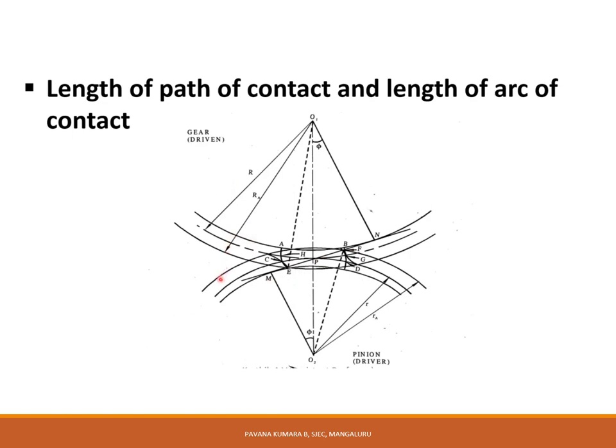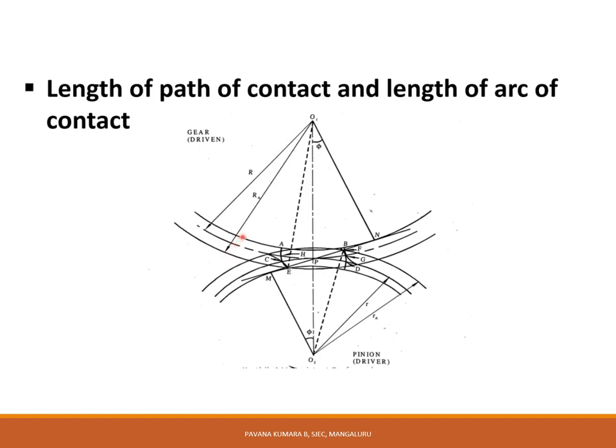I will explain the driver gear first. This is the base circle. Then this is called the pitch circle. The pitch circle is in between the base circle and the addendum circle, and the outermost circle is called the addendum circle. Similarly, for the driven gear, the outermost circle is called the addendum circle.